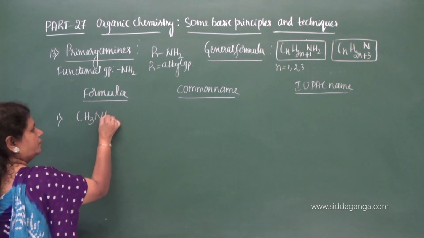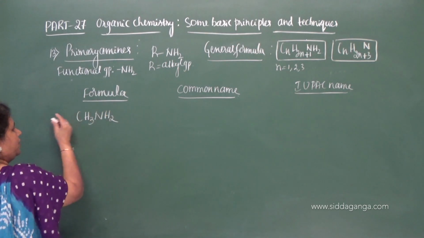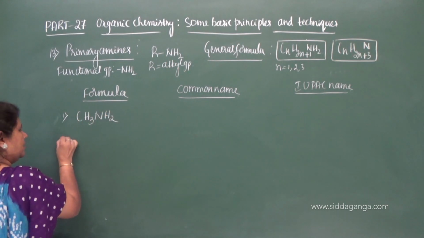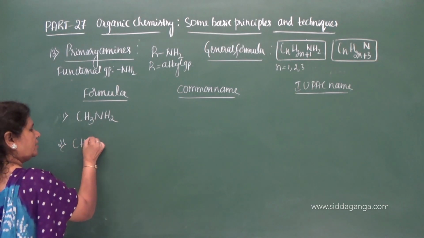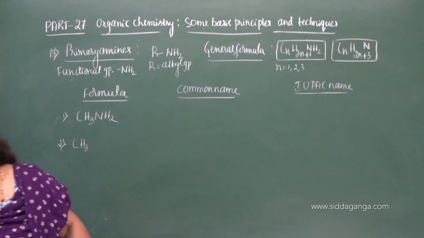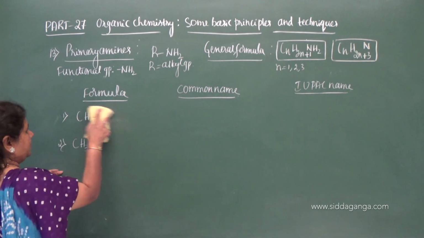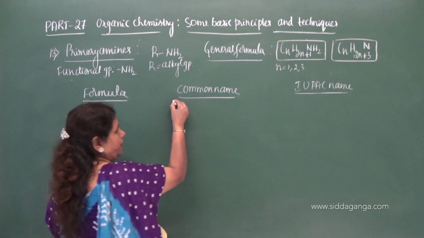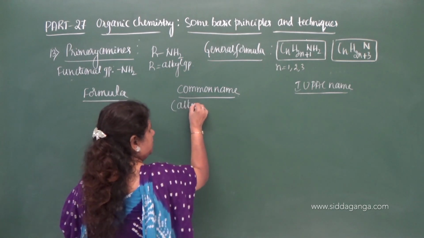CH3NH2, first one. Second, CH3CH2NH2. Before going to this, let me write the common name here. What is the common name we need to write?